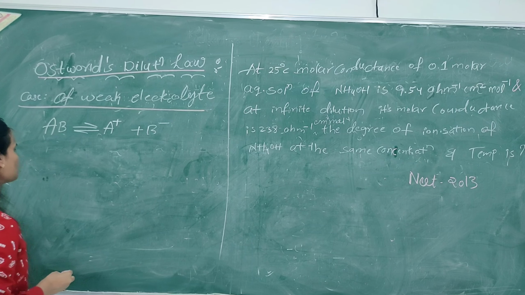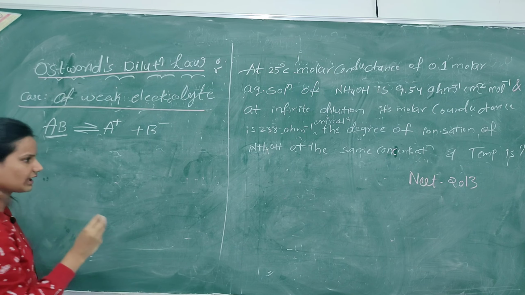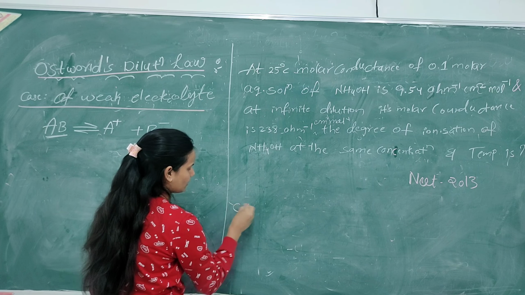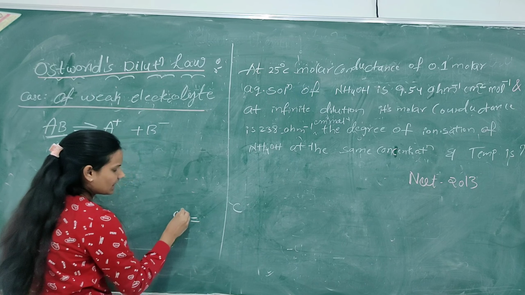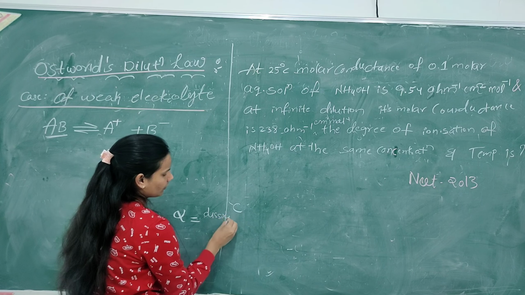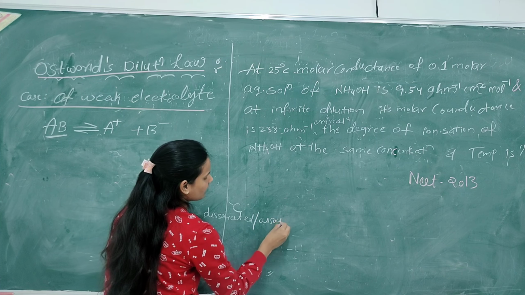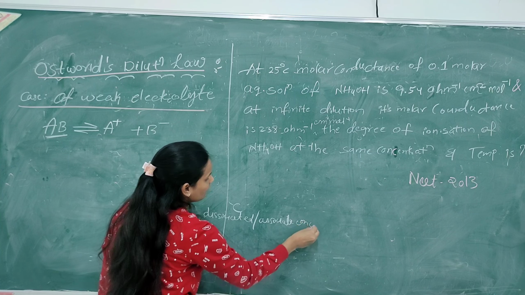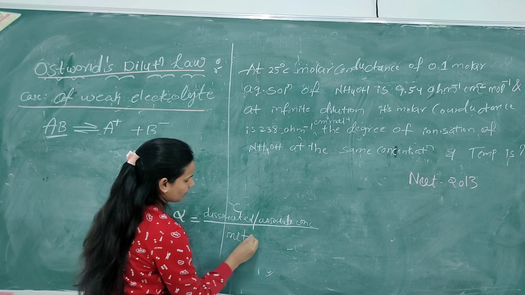Suppose this is your electrolyte and initially you have taken C concentration of electrolyte. Let me tell you what is degree of dissociation. Degree of dissociation is the dissociated concentration divided by the initial concentration.